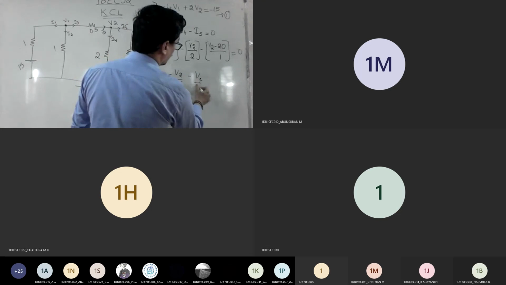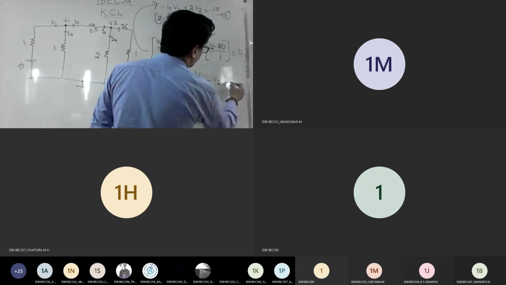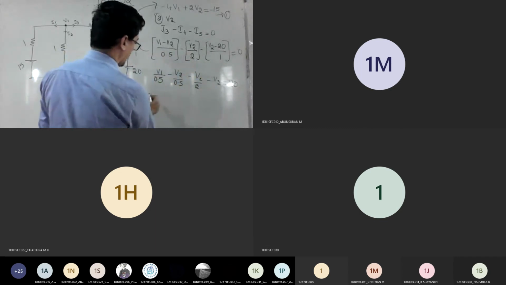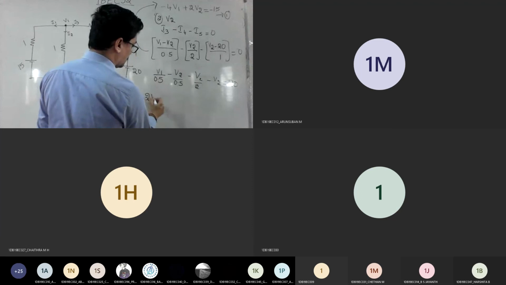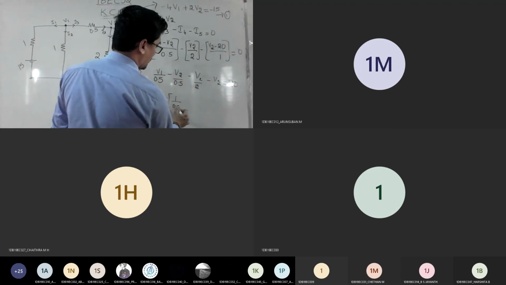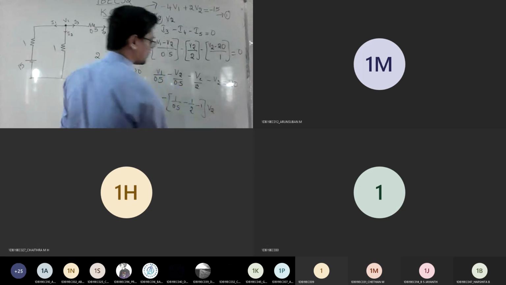So V2 by 2 minus V2, and it's plus 20. I will push that to the other side, so it becomes minus 20. V1 by 0.5 means 2 V1. Here you can take V2 common: 1 by 0.5 minus 1 by 2 minus 1, into V2.